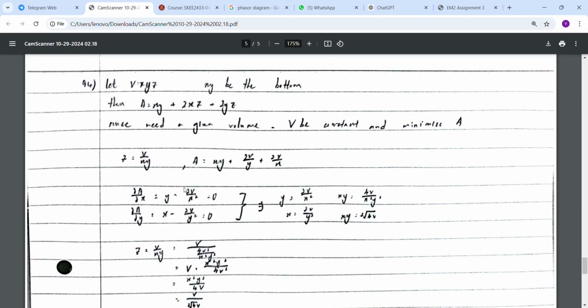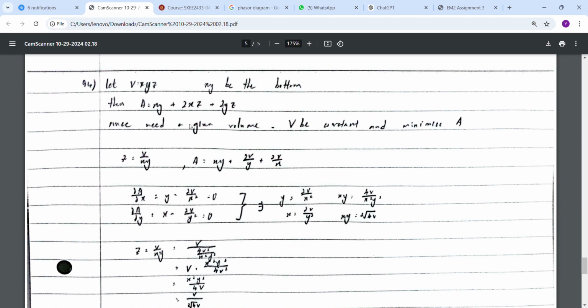So for question 94, the question gives a box having only 5 rectangular sides with a given volume V. We need to determine the dimensions so that the surface area will be a minimum.